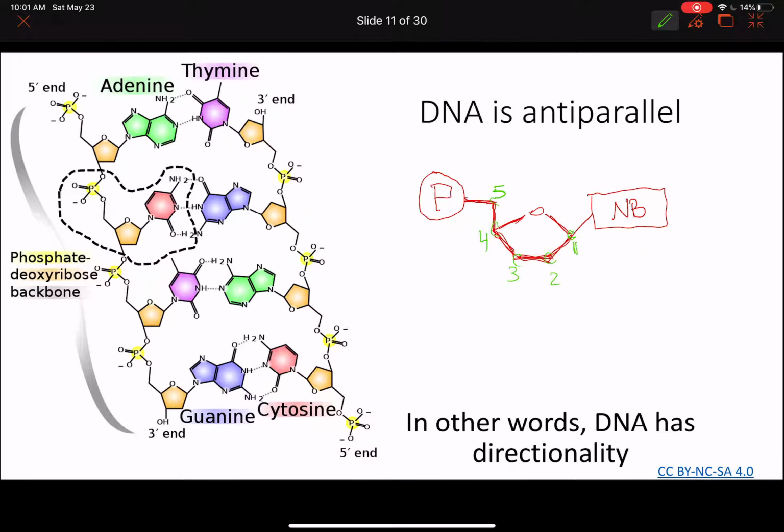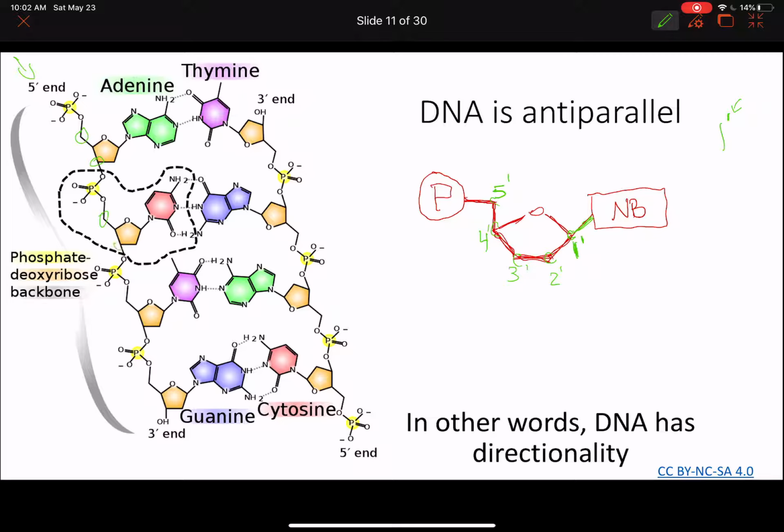And 5' to 3' refers to which carbon is in which orientation. The carbon that is touching the nitrogenous base is what we call our 1' carbon. And this notation, that little thing up there, is a prime. So 1', 2', 3', 4', 5'. So when we say that this strand is 5' to 3', we're saying we hit a 5' and then a 3', and then it connects to the next phosphate group.